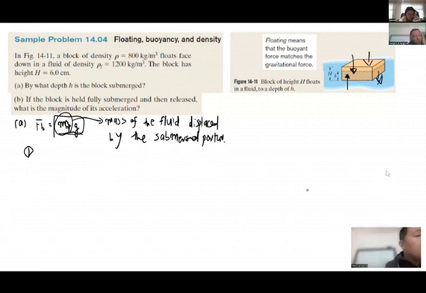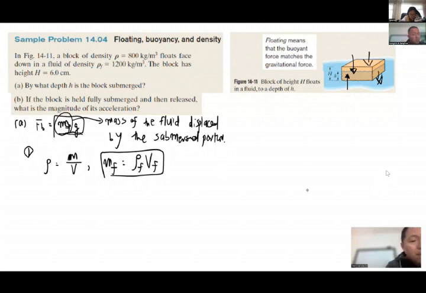The buoyant force is equal to the weight m_f g of the fluid displaced by the submerged portion of the block. Since rho equals mass over volume, the mass is the density of the fluid times the volume of the fluid.